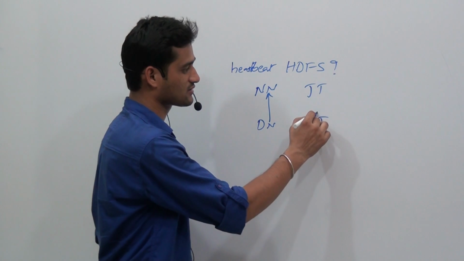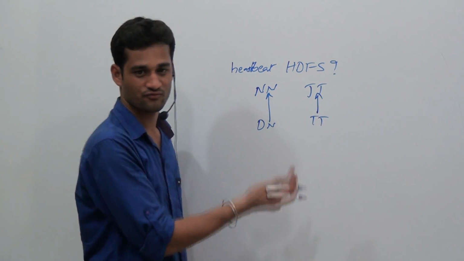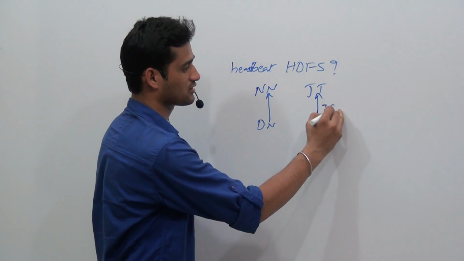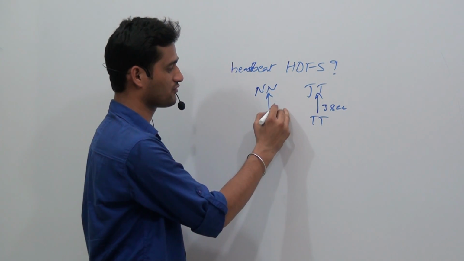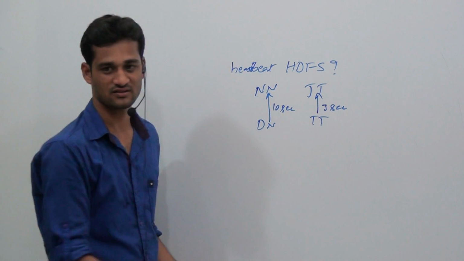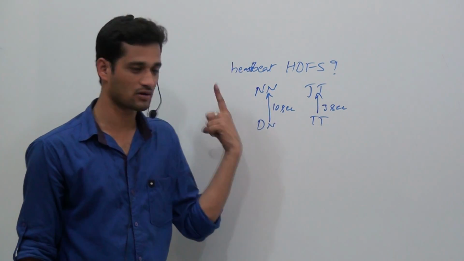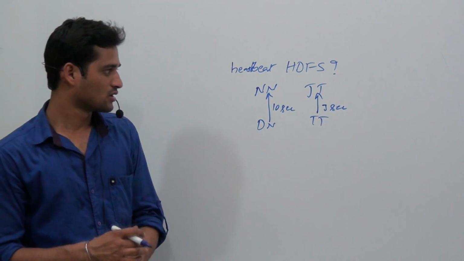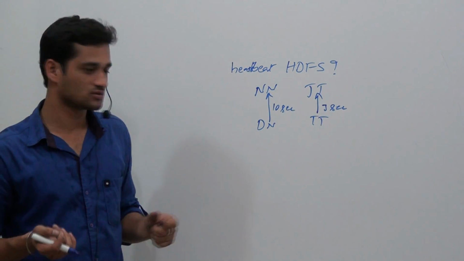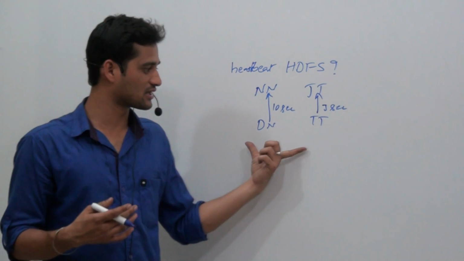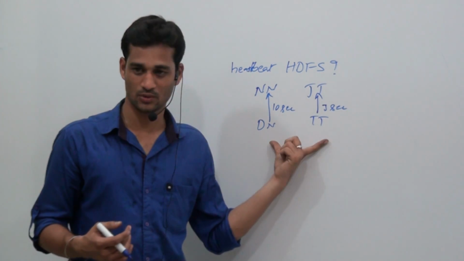The task tracker gives a heartbeat to the job tracker every 3 seconds, as well as the data node gives a heartbeat to the name node almost every 10 seconds, to say that both of them are alive. So exactly, what is that heartbeat? It's a signal to say that they are alive and they are working properly.